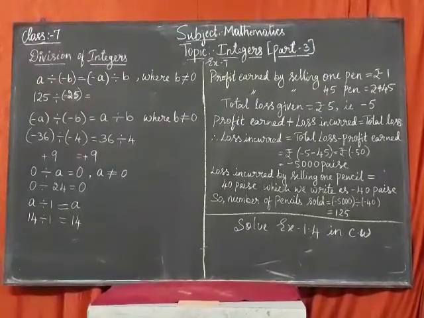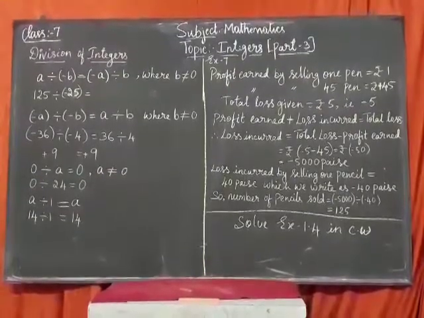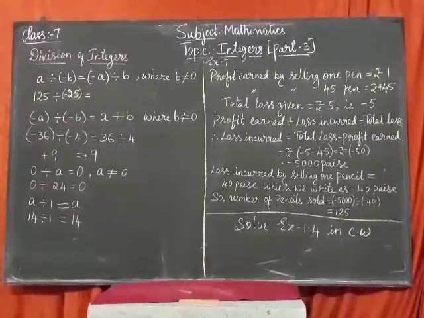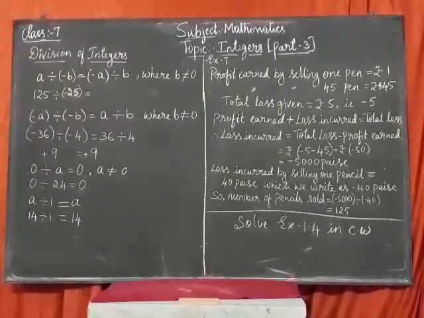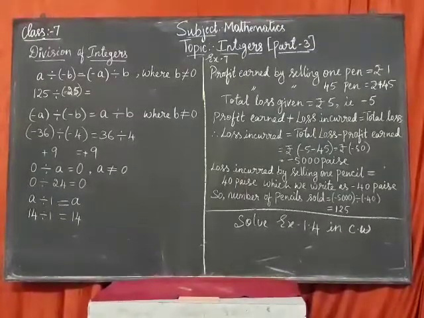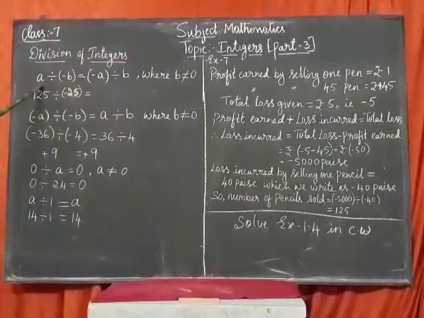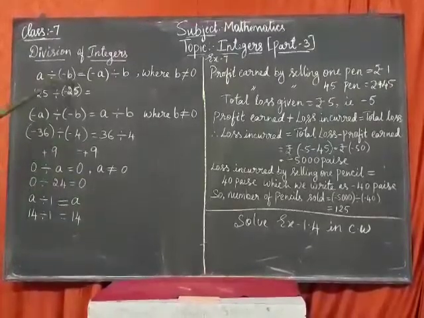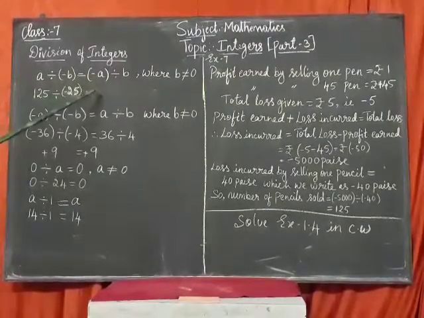As you have learned integers, this is the last topic of the integers, that is division. Division of integers. As you learned many laws in multiplication of integers, here also a few. Nothing much, only here what you should know is any positive integer, when it is divided by a negative integer, the answer is negative.